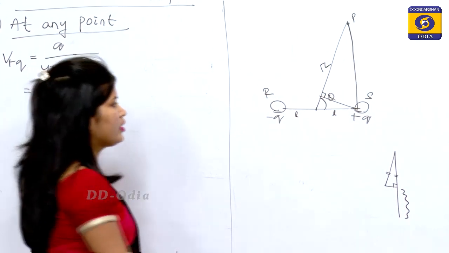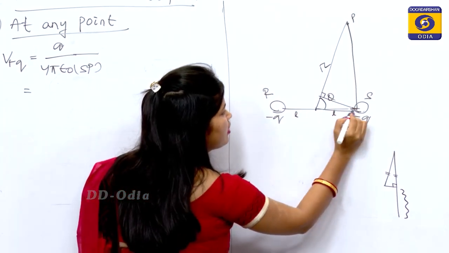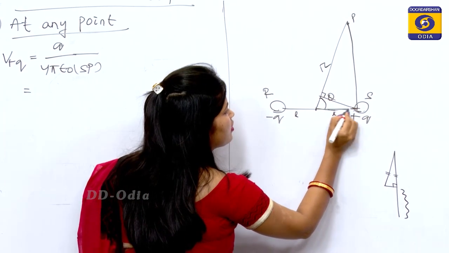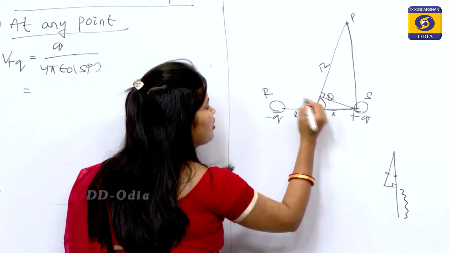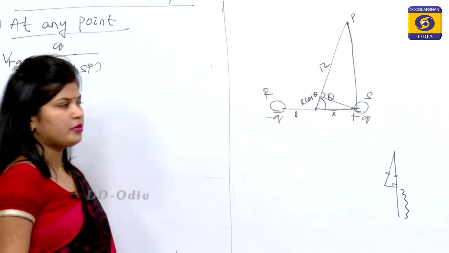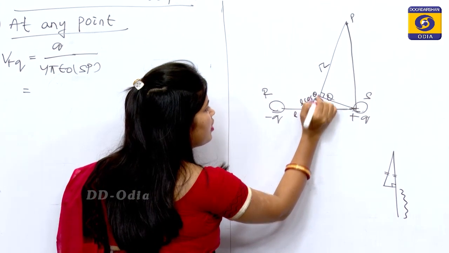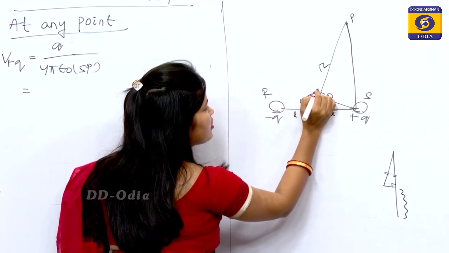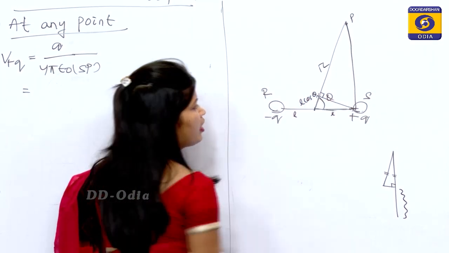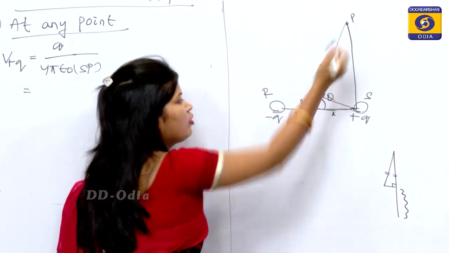You know the angle is theta, and here this distance is L, so this component will be L cos theta. Now I will mark here N. So, the distance NP is how much?